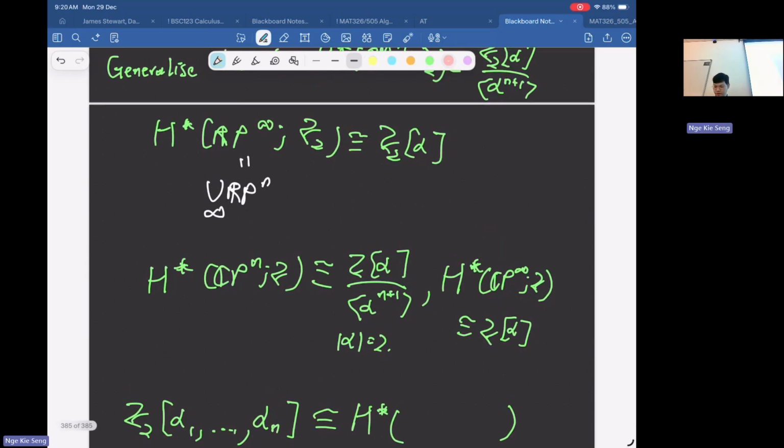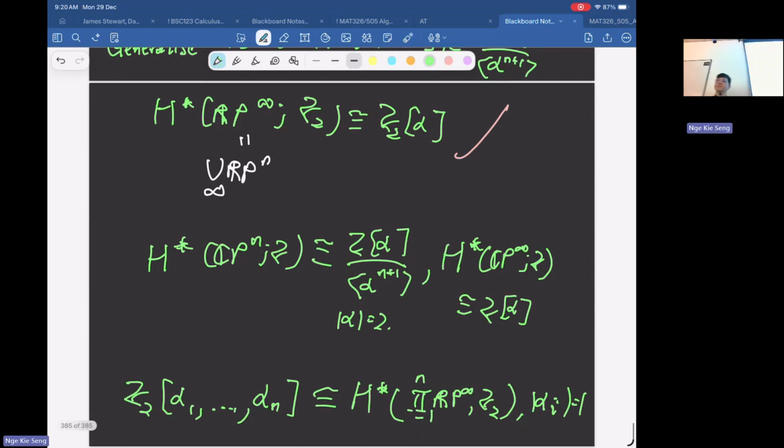We know that RP infinity can give me one alpha, so I can put a bunch of RP infinity together. So maybe I can get a product of RP infinity.